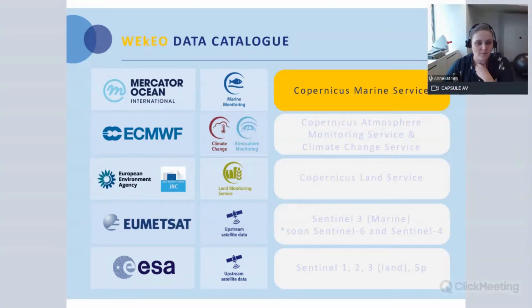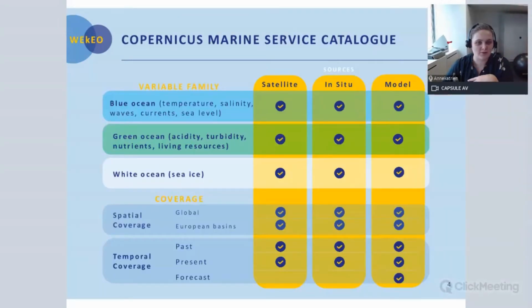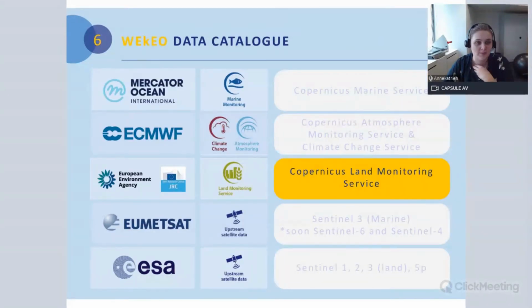Just to briefly give the background, in the Marine Environment Monitoring Service, you find all kinds of information related to the blue ocean, so physical parameters of the sea, the green ocean, biophysical and biochemical parameters in the oceans, and then the white ocean, sea ice, both for the European seas and globally.